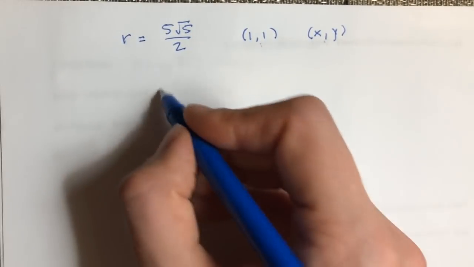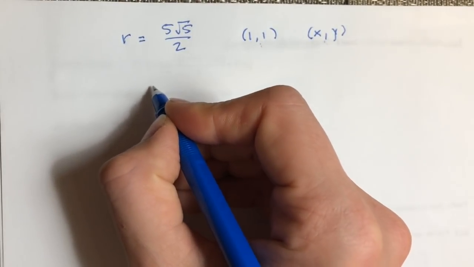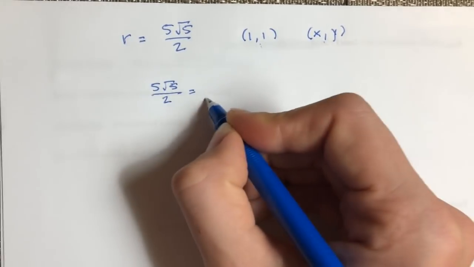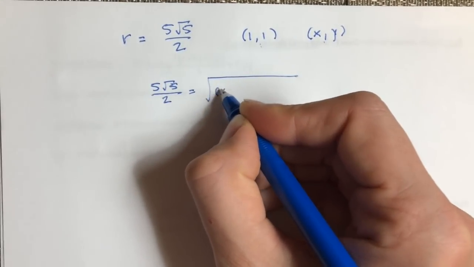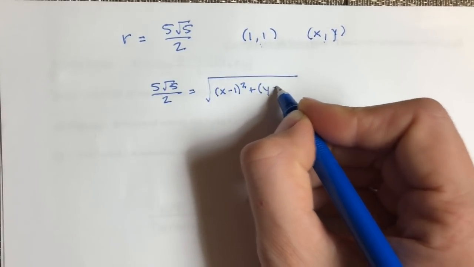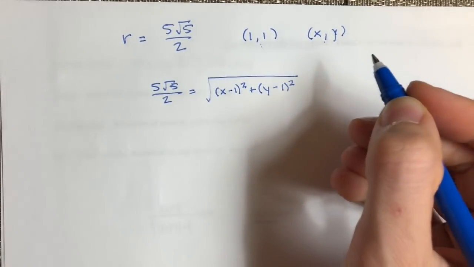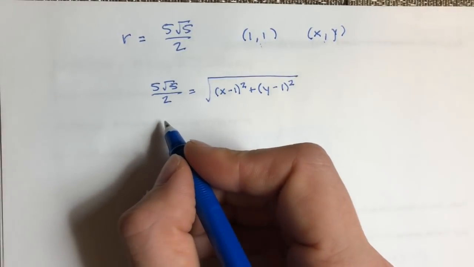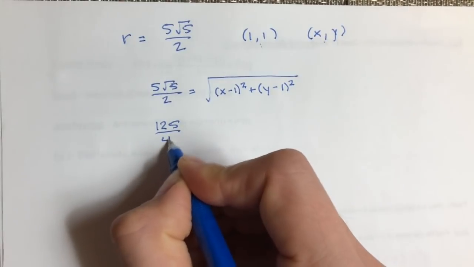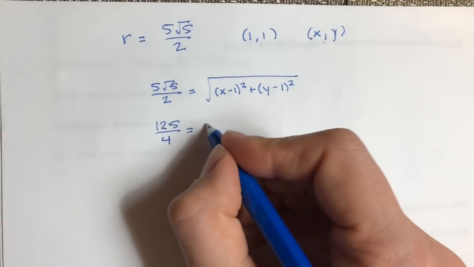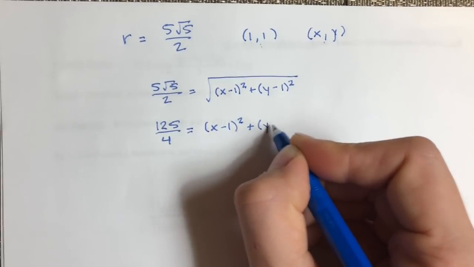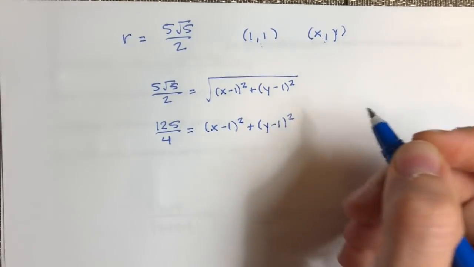So using the distance formula, 5√5 over 2 should be equal to the square root of (x minus 1) squared plus (y minus 1) squared. Let's square that just to get rid of the root. I will get 125 over 4 equals (x minus 1) squared plus (y minus 1) squared.